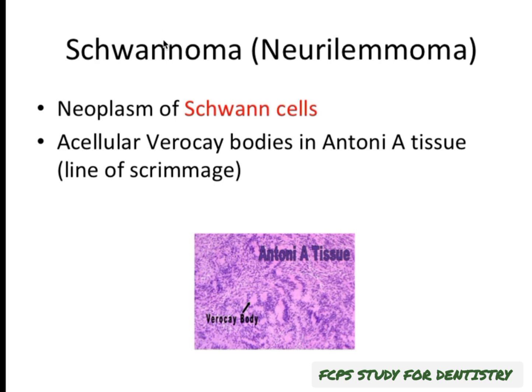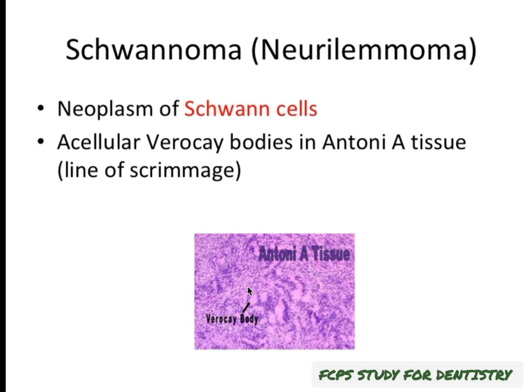It has these acellular Verocay bodies in Antoni A. I know it's a lot of kind of random words, but this does seem to appear on a couple of practice exam questions. And it forms this sort of line of scrimmage, is one way to think about it. In American football, when the two teams line up before every play, it forms these two lines that you can see in the histology, which is how someone termed that.